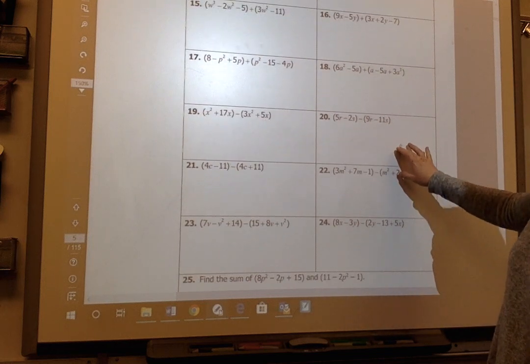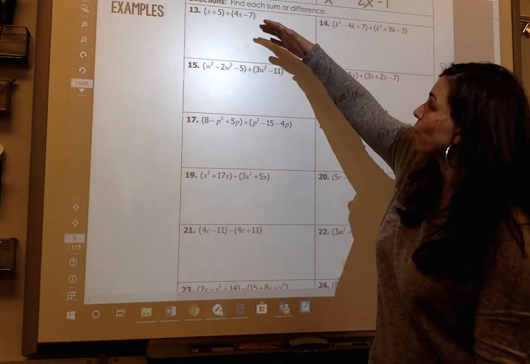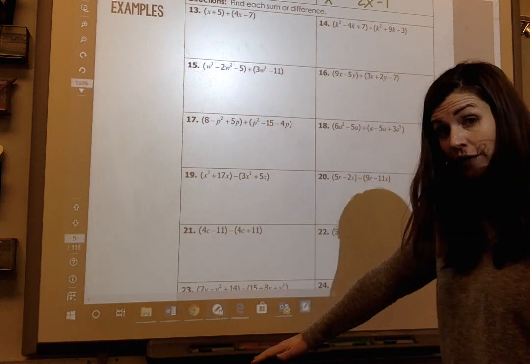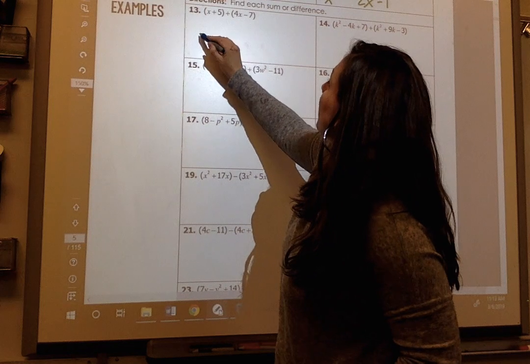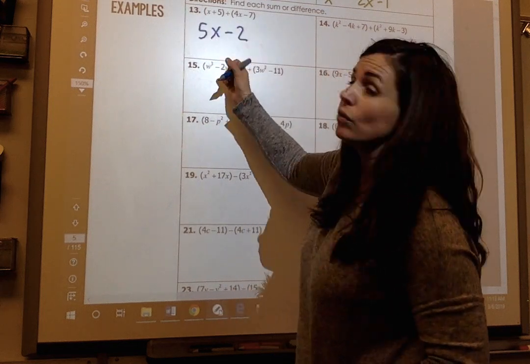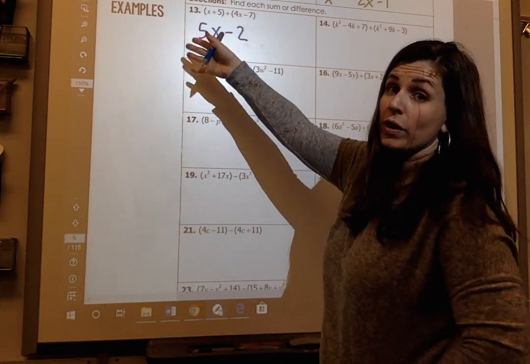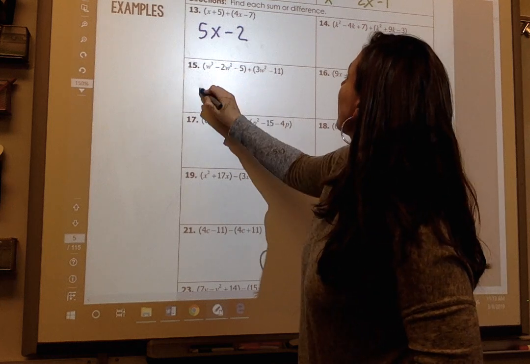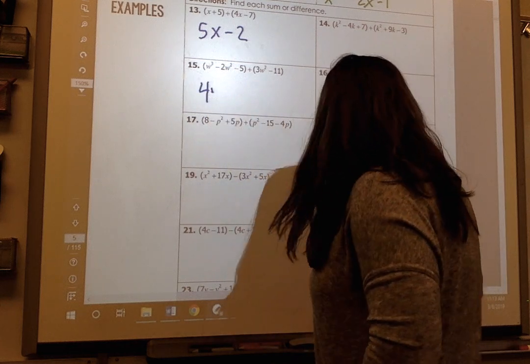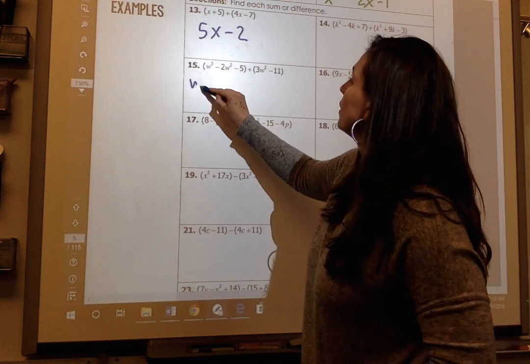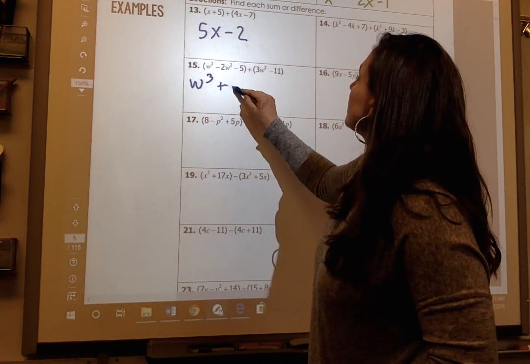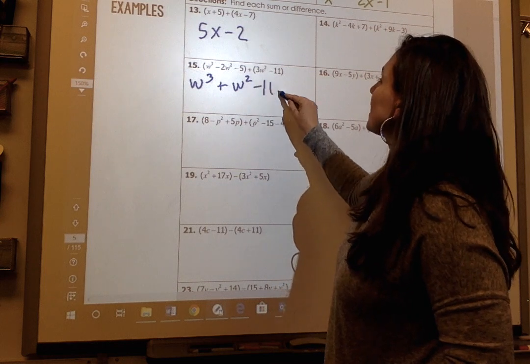So here are some examples. For your notes, I will do these on the left-hand side so you can pause and come back. When I combine them, it's 5x minus 2. Notice it's written in standard form, greatest degree down. Here I have w cubed plus w squared minus 16.